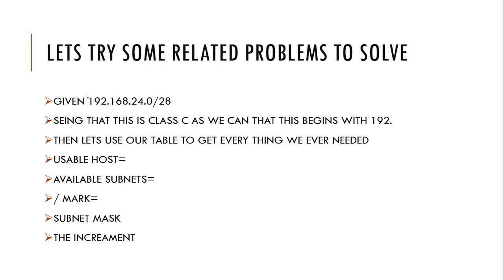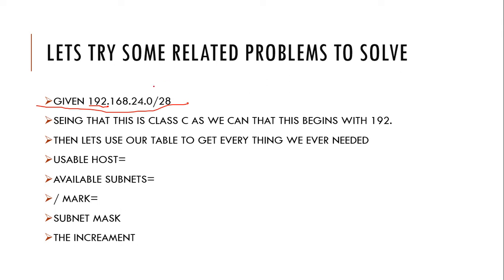Okay, let's try some related problems to solve. Having this one, we are given an IPv4 IP address. It's a class C one, because I can see that my first octet begins with 192. So this clearly means that this IP address is a class C one. What can I use here in order to get whatever I want, in order to use my tool?